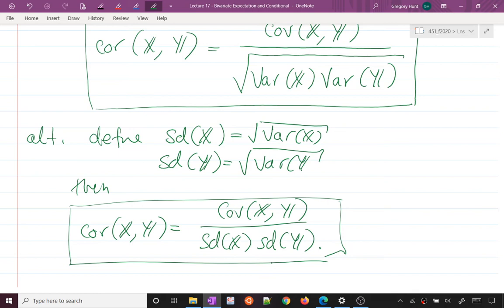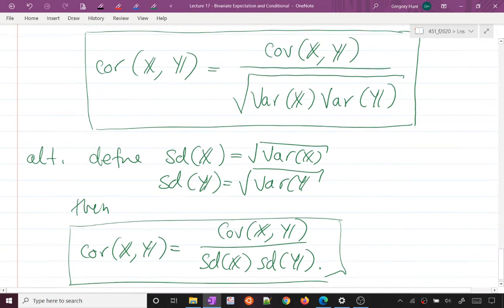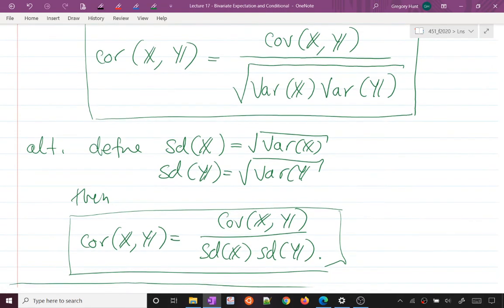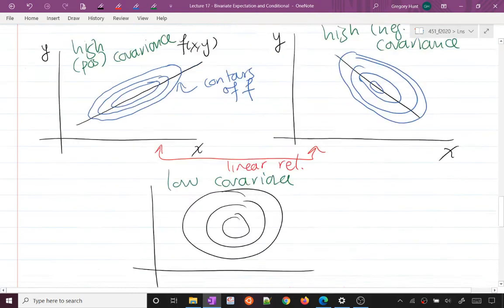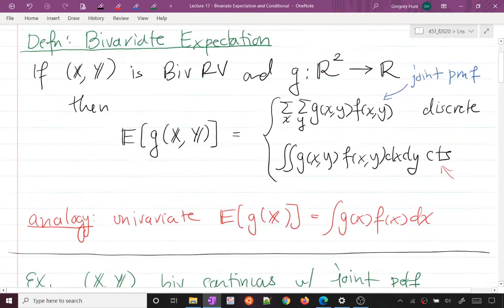Okay. So this idea of correlation is often very useful practically to think about things in terms of correlation. But we should just take a minute here to appreciate that correlation is defined basically as a rescaled covariance. Covariance is just a bivariate expectation. And so we go all the way back up to the beginning.